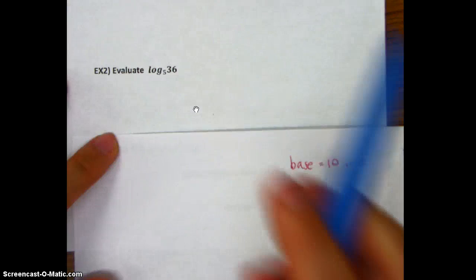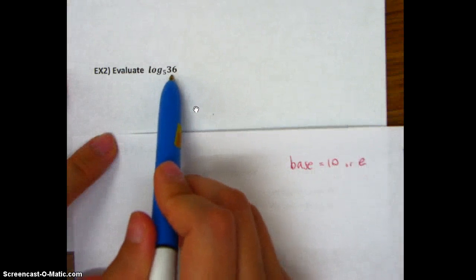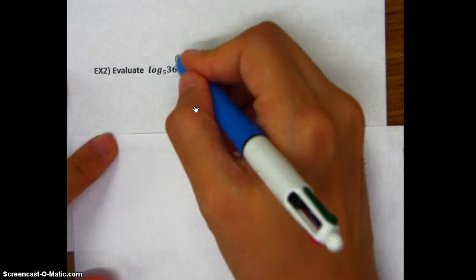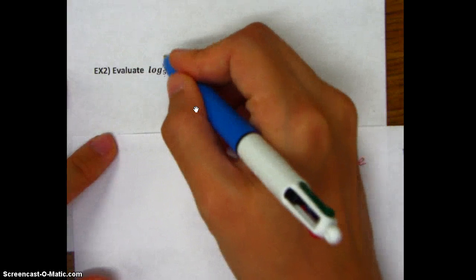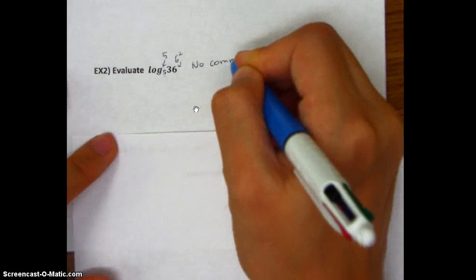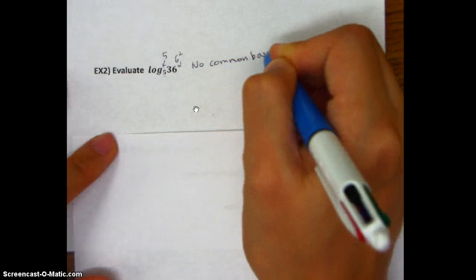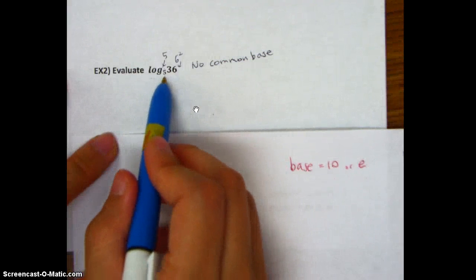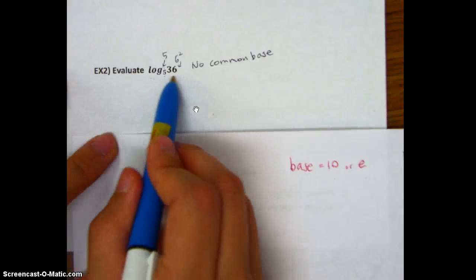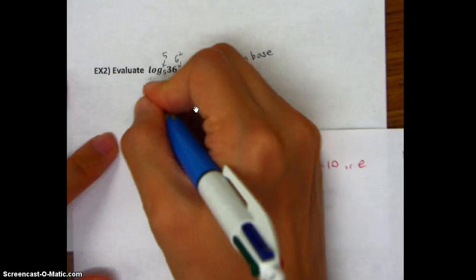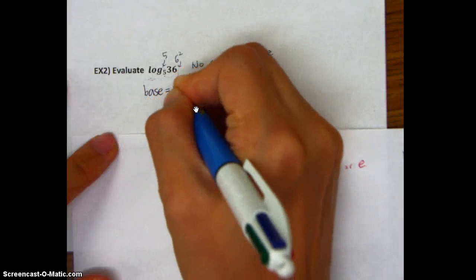For example 2, however, if you look at 5 and 36, well, 36 is like 6 squared, and 5 is just 5. There's no common base. So since there's no common base, we just have to change that to the common logarithm with a base of 10.